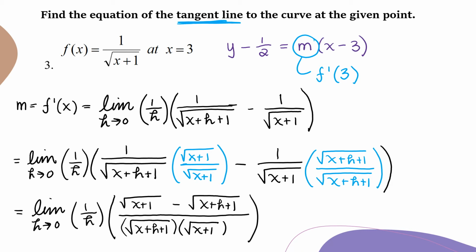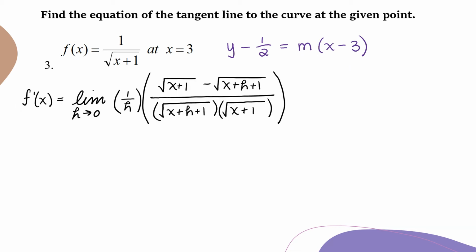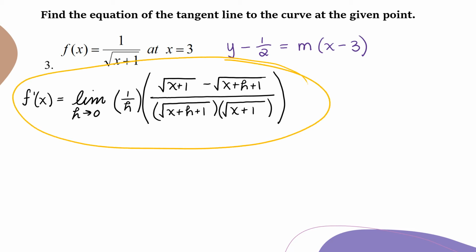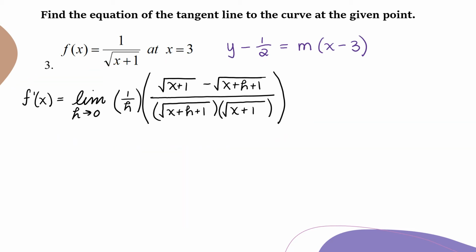And then we'll need to do a little more work, because right now we're still going to end up with 0 over 0. When I look at this mess here, I see that in the numerator I have two terms, and at least one of them has a square root, which indicates to me that I probably want to try multiplying by the conjugate.